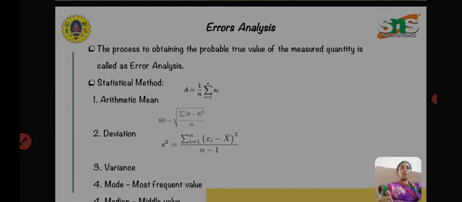The process of obtaining the probable true value of the measured quantity is called error analysis. This is necessary to obtain the probable true value of the measured quantity.